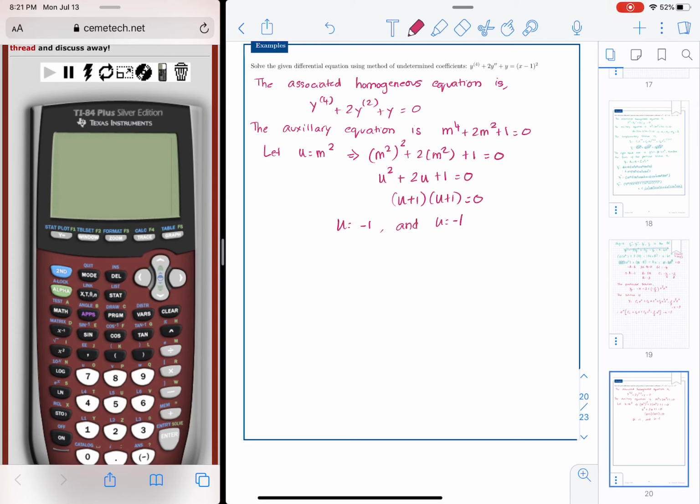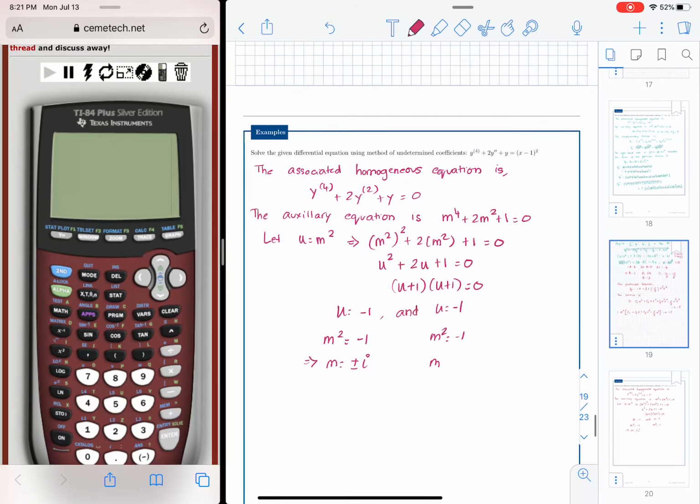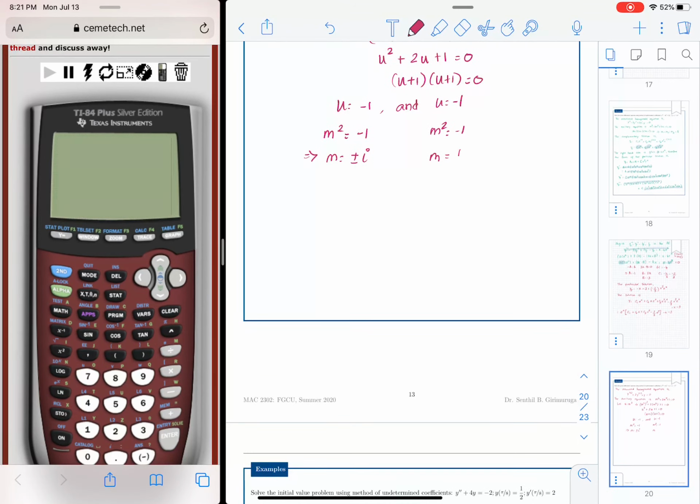They are repeating, but u is m squared, so if m squared is minus 1, this would imply m is square root of minus 1, so that would be plus or minus i. The same applies over here also. M squared is minus 1, which would mean m is plus or minus i.